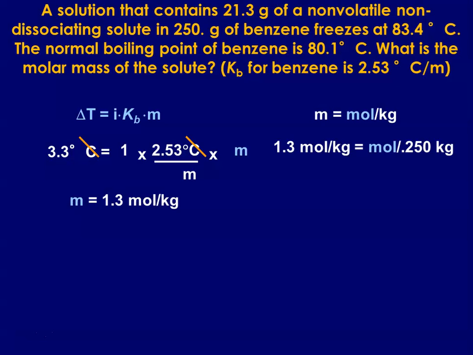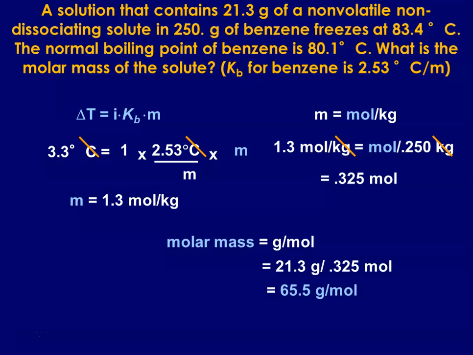We have 0.250 kilograms of solvent. We do our math, we get 0.325 moles of solute. And now that we have the 21.3 grams of our solute, when we divide those two, we can get our molar mass, 65.5 grams per mole.